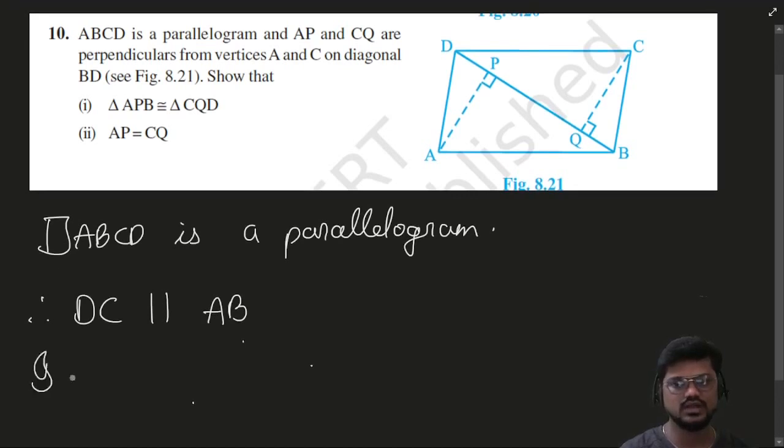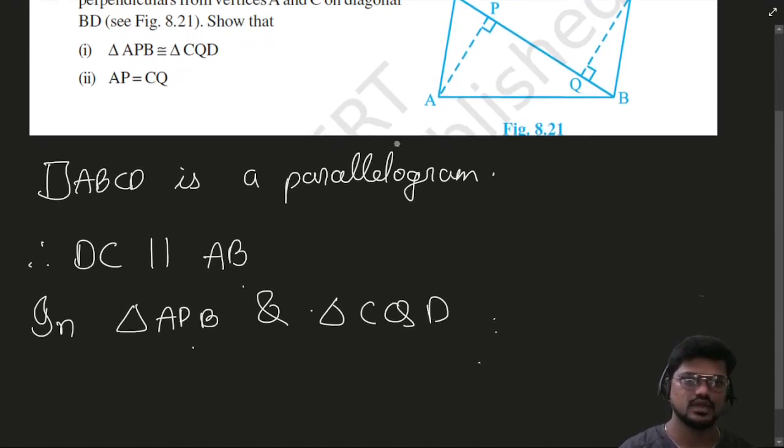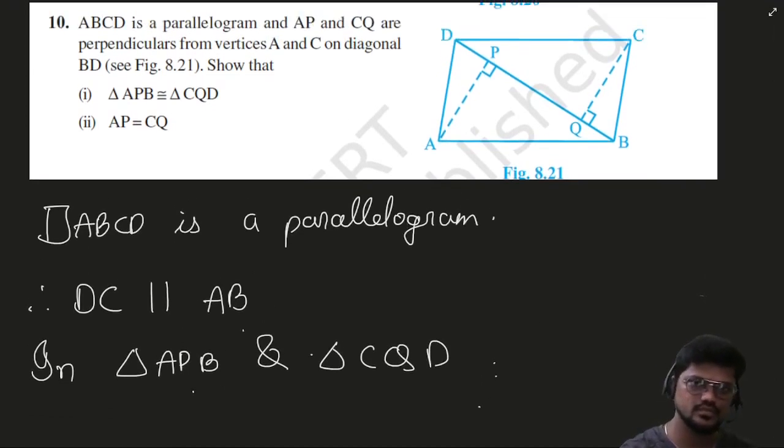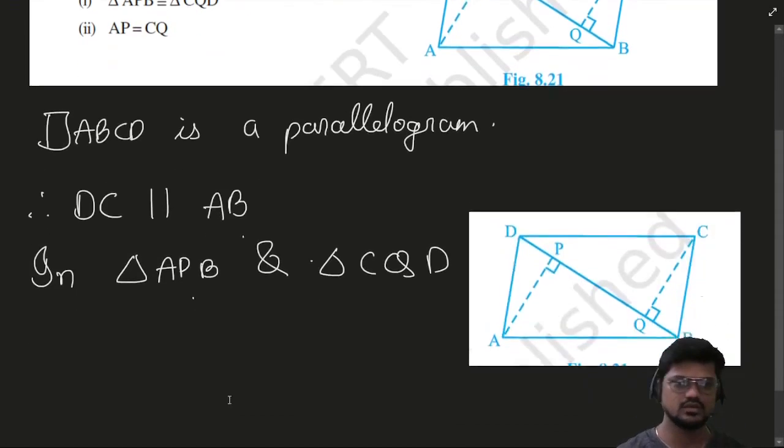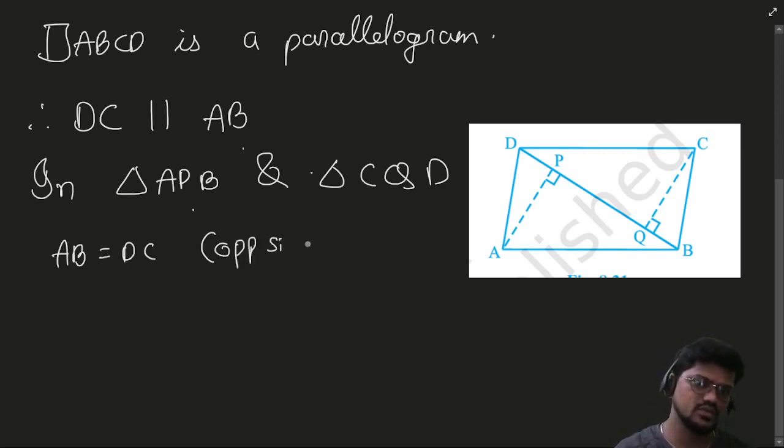Now let us prove that the two triangles they have asked, triangle APB and triangle CQD, are congruent. In triangles APB and CQD, what all things do we know? AB is equal to DC. What is the reason? Opposite sides of a parallelogram.